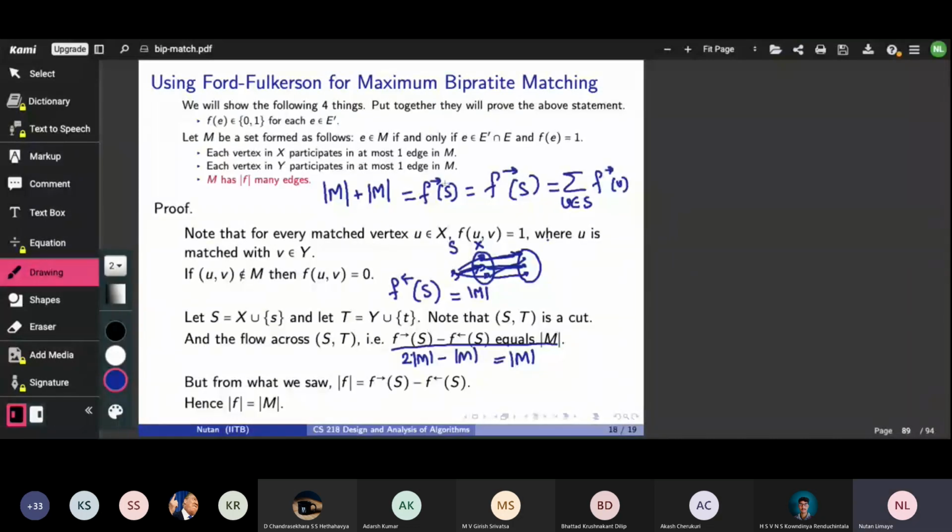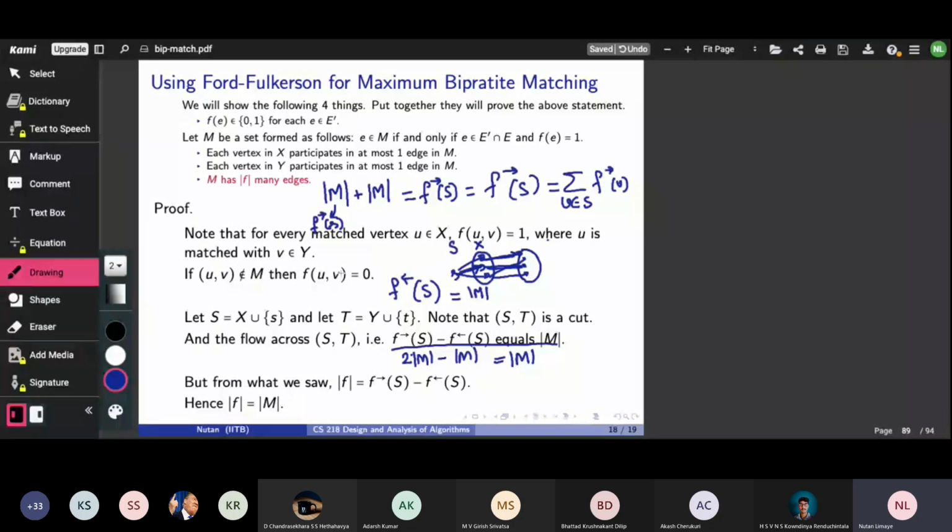So this I'm saying is the flow leaving. So was your question about flow entering S or leaving S? Entering capital S, is that right? Yeah. So why is the flow entering capital S equal to M?